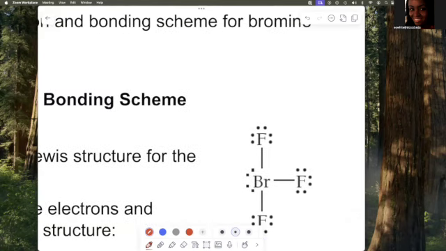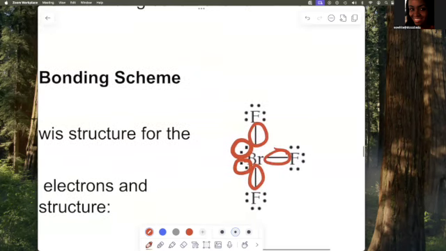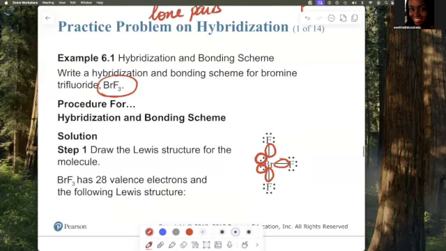And you get this one right here, BrF3. Notice we have a group here, a group here, a group here, here, and here. So technically we have 5 groups, right? Of the 5 groups, 3 are bonded groups, 2 are lone pair groups. So what they're asking for here is: write a hybridization and a bonding scheme for bromine trifluoride.